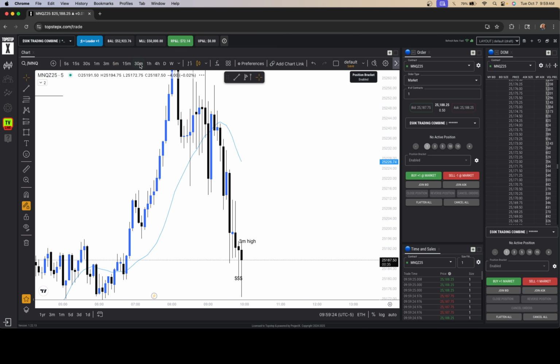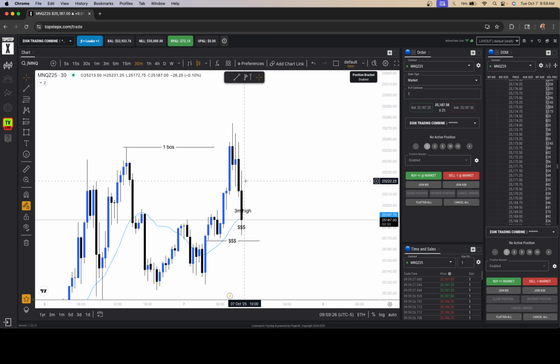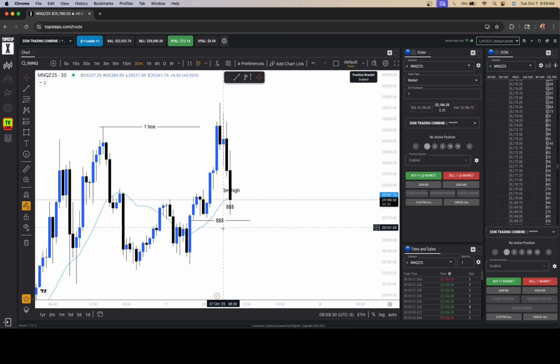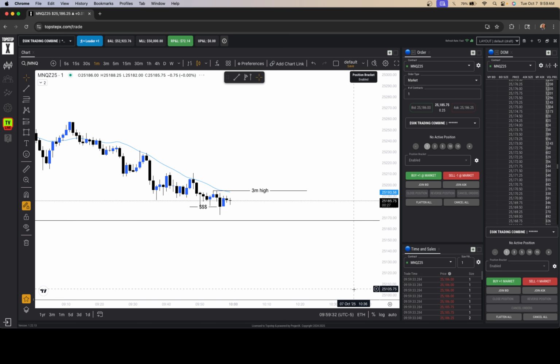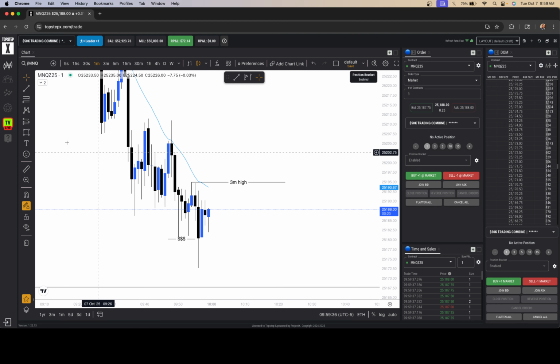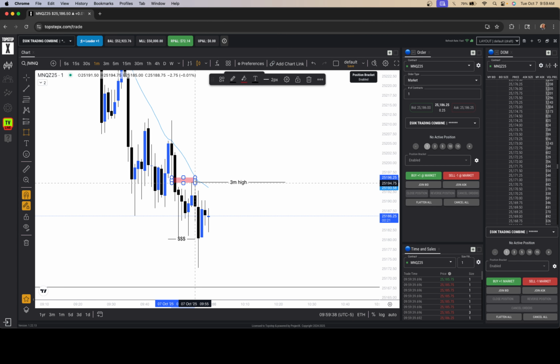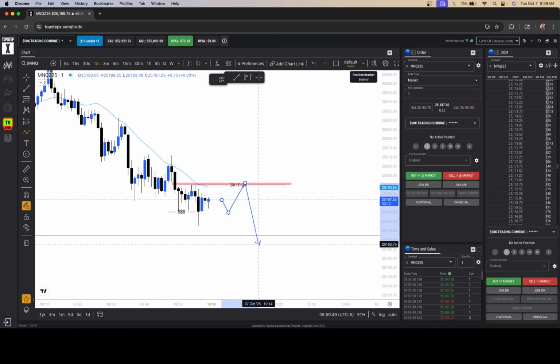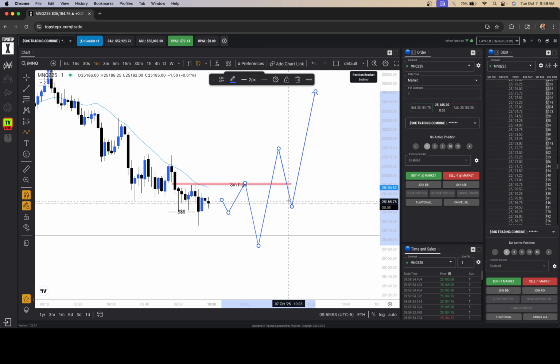Now, what could happen is, let me see. What's it looking like on the 1-minute time frame? We still have some imbalance in here as well. So we could see a push up into this imbalance and then a push back down to take that liquidity out and then see the actual move.